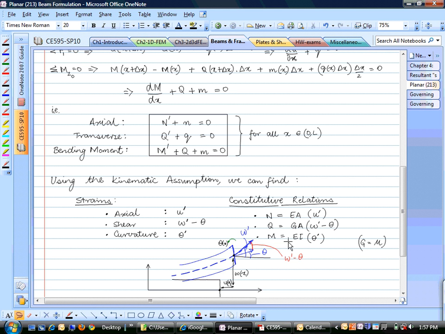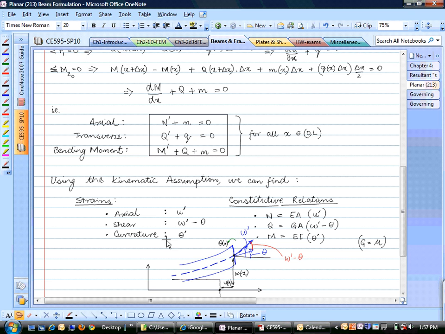And then we get the familiar equation that moment is equal to EI times theta prime. So you might be familiar that EI W double prime is moment, right? But the actual exact formula for curvature is not W double prime, it is theta prime.